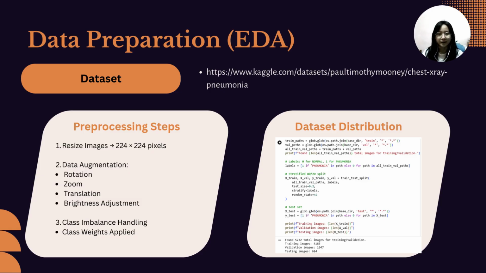Next, data augmentation techniques such as rotation, zooming, translation, and brightness adjustment were used to increase data diversity and reduce overfitting. We also discovered that the dataset contained more pneumonia images than normal images. Therefore, class weights were applied during training to reduce bias toward the majority class. With the dataset clean, balanced, and ready, we can now move to building and training our CNN model.